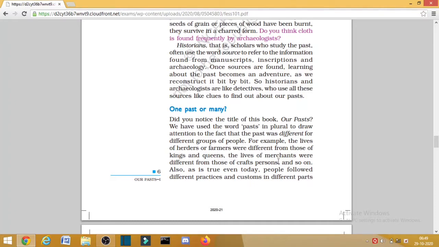The lives of merchants were different from those of craftspersons, and so on. Likewise, the living standard of merchants was quite different from that of craftspersons, like this.